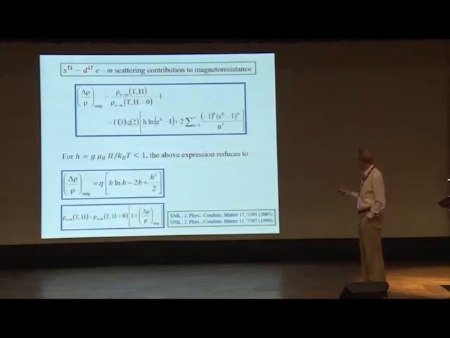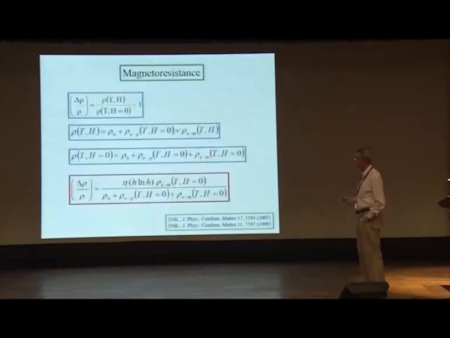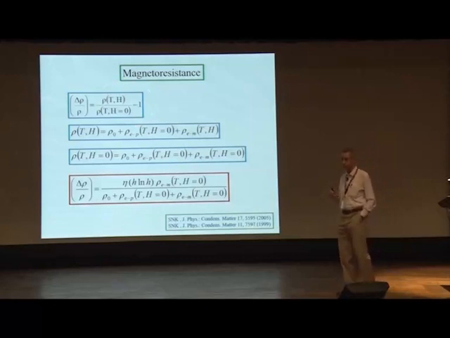And here, this is the expression that we get for the electron-magnon contribution, which is the interband scattering contribution. But what you measure is the change in the total resistivity in magnetic field, not separately the electron-magnon contribution.